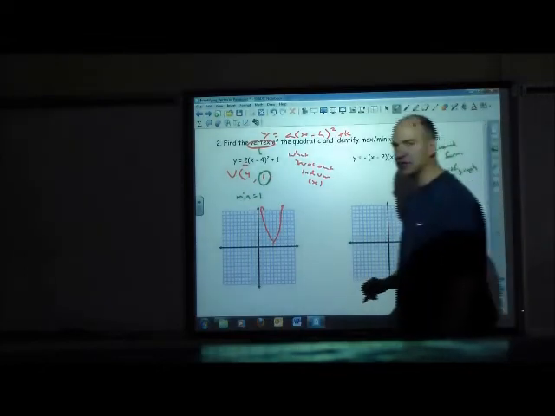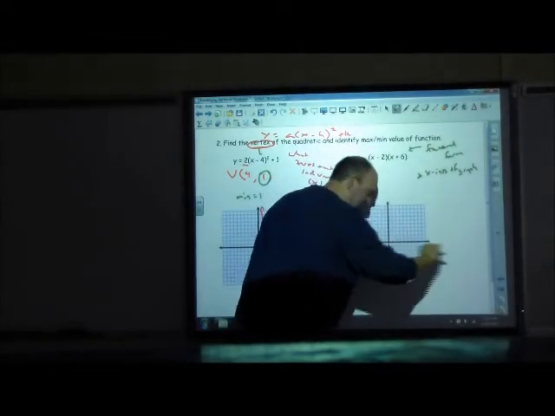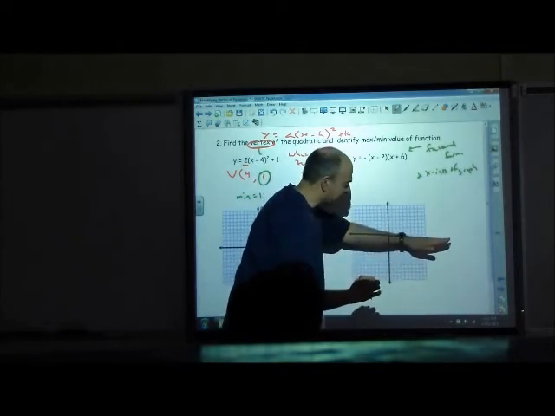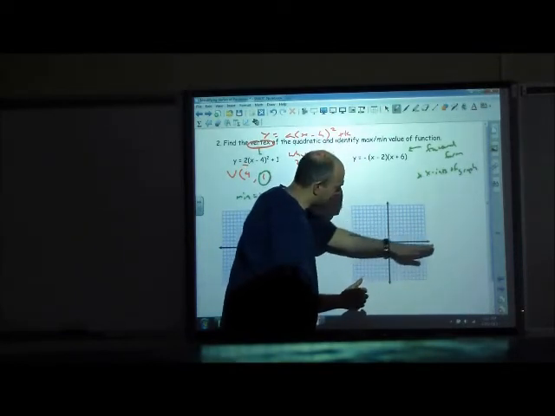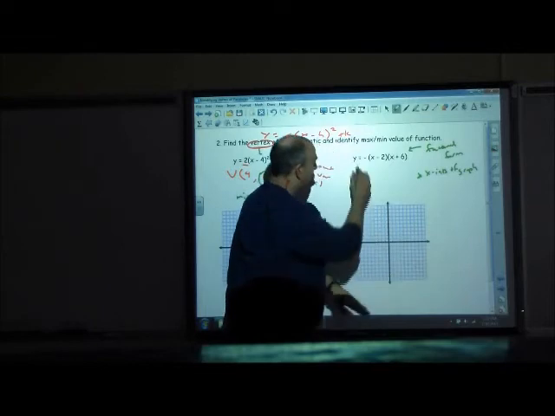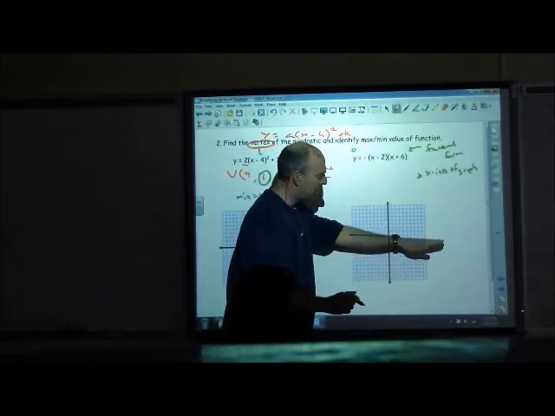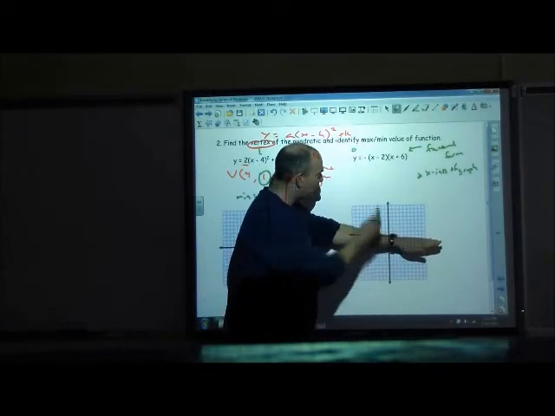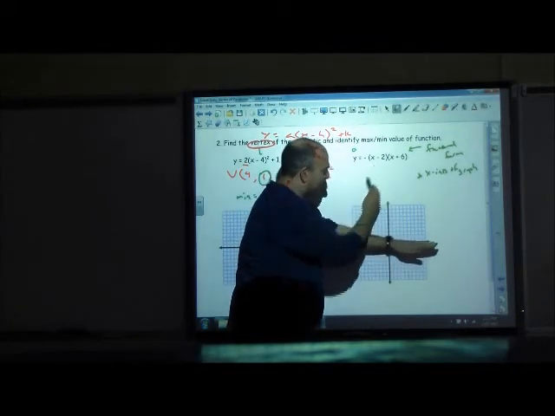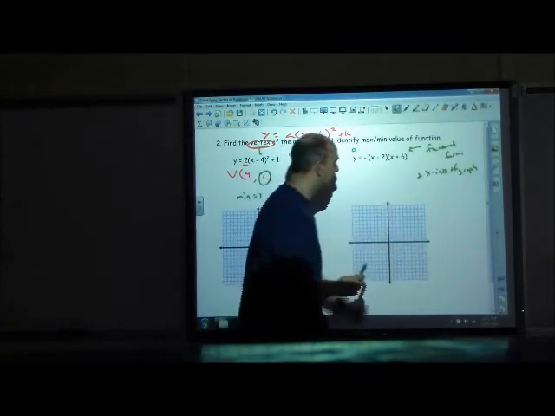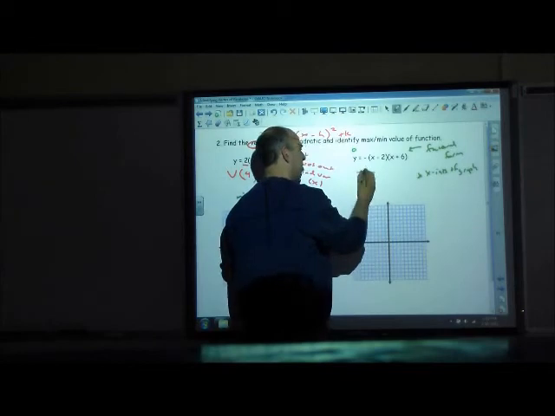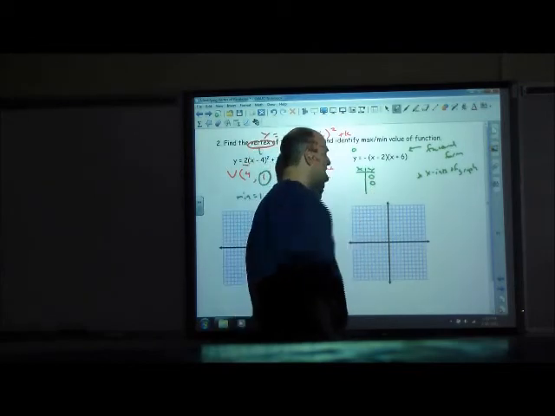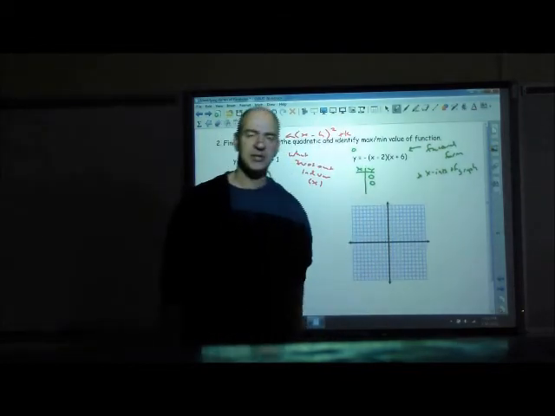Now the x-intercepts, if you remember what x-intercepts are, they're on the x-axis. And the key to that is on the x-axis, y equals 0. So I'm kind of saying, what would x have to be here to turn the function into 0? And if you can determine that, usually you're going to have 2 of these x-intercepts.